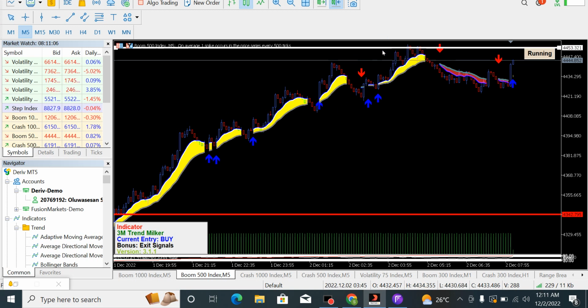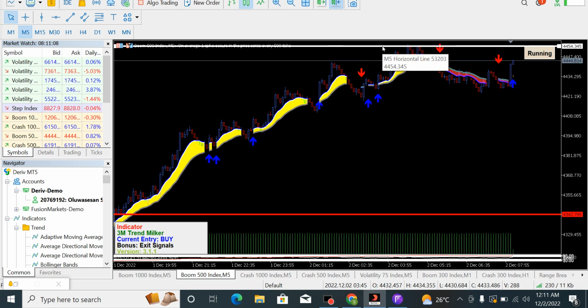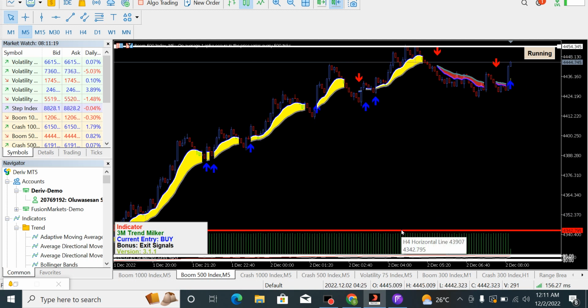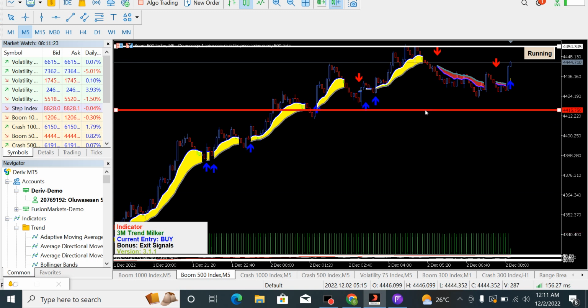So at the top right here, where I'm having my white horizontal line, that is where a resistance zone is. Then below here, where I am having my red horizontal line, is where a support is, and here could also be another major support zone.